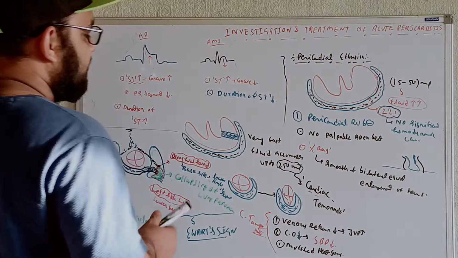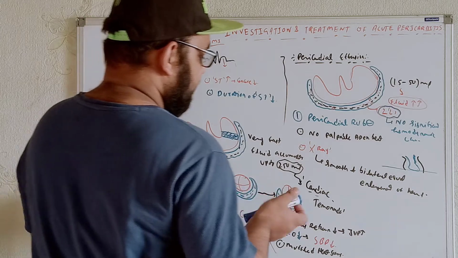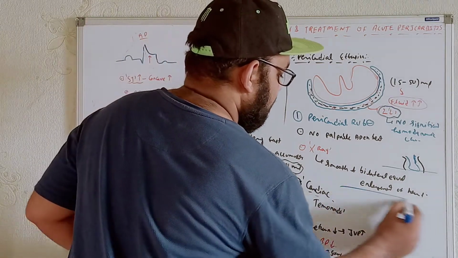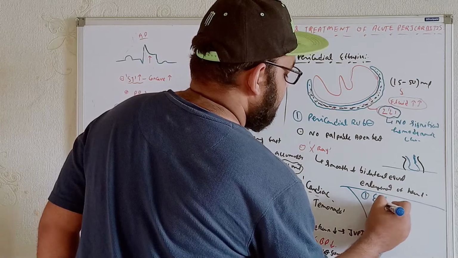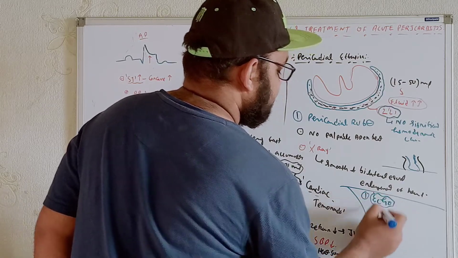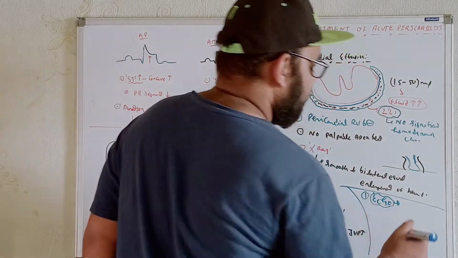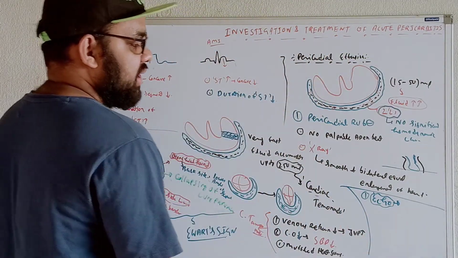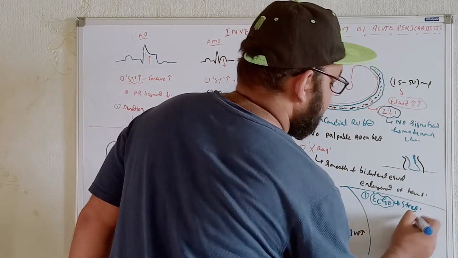As far as the other investigations are concerned, in these cases we can do the echo. On the echo, we can come to know exactly how much fluid is accumulating in these regions, and whatever structural deformities there are, we can find out easily.